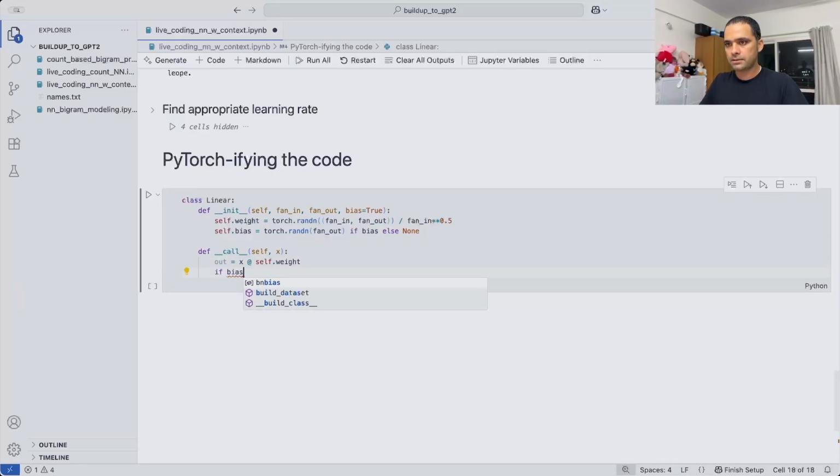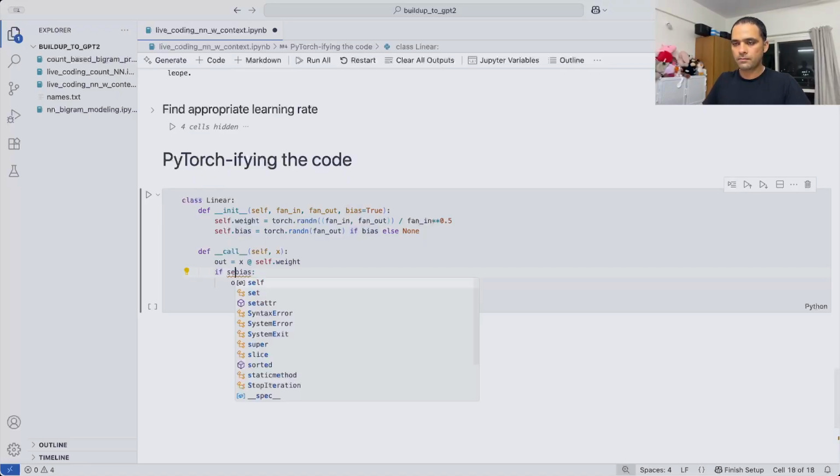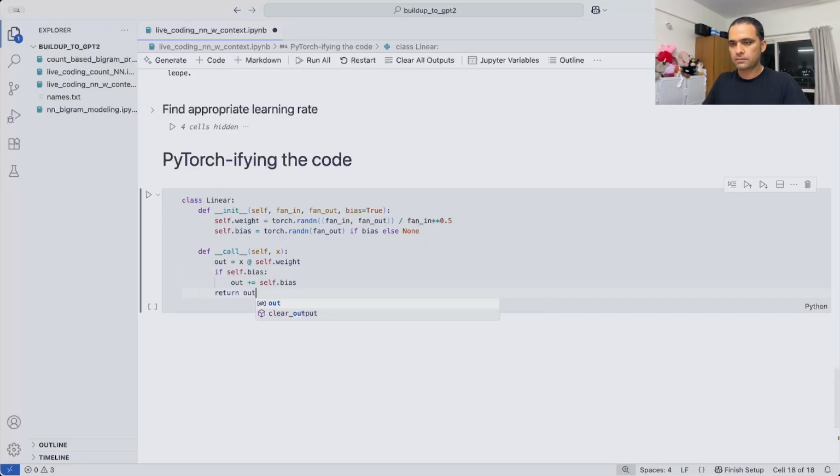If bias, out plus equals self.bias. Else, we'll return the output, or rather let's say self.out.